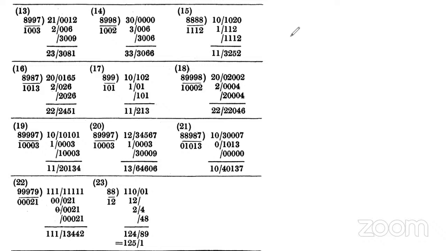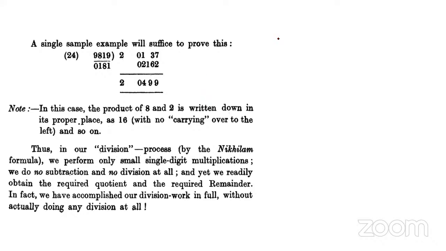Okay. Let us discuss some more examples here. So come to this example, observe very carefully. Example 24. So 2, 0, 1, 3, 7. Divisor will be 9, 8, 1, 9.